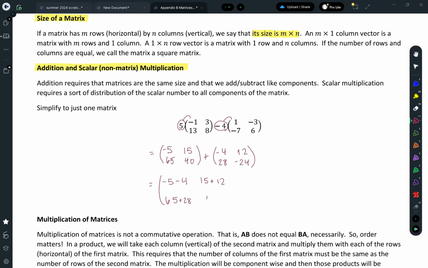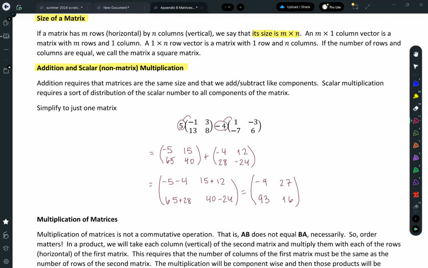Second row, second column is 40 minus 24. One more simplification and we're done. We get -9, 27, 93, and 40 minus 24 is 16. So the linear combination of those two matrices that we started with gives us this final 2 by 2 matrix.